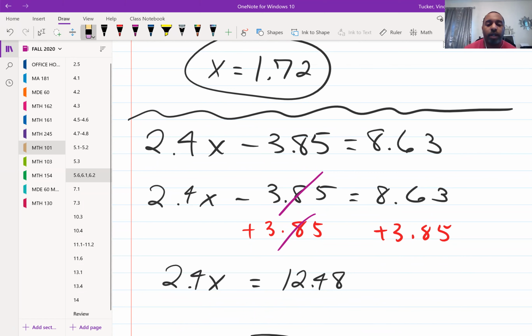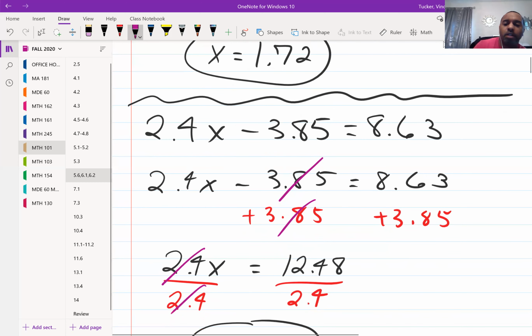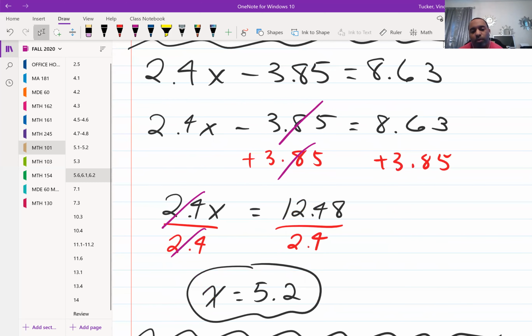So 2.4x equal to 12.48. Now to fully get x by itself, you divide both sides by the 2.4. So that 2.4 cancels. 12.48 divided by 2.4 is 5.2.